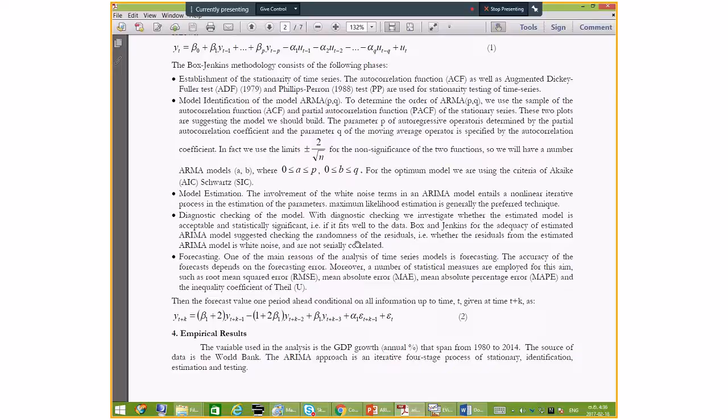The involvement of the white noise term of the ARIMA model entails a nonlinear iterative process in the estimation of the parameters. Maximum likelihood estimation is generally the preferred technique.